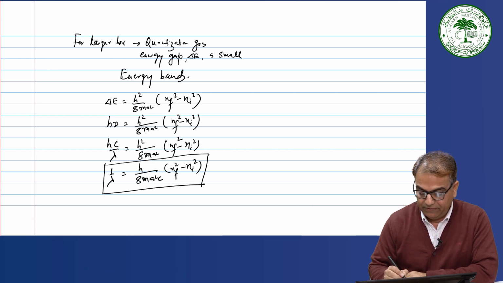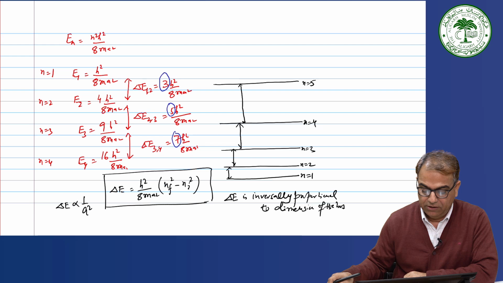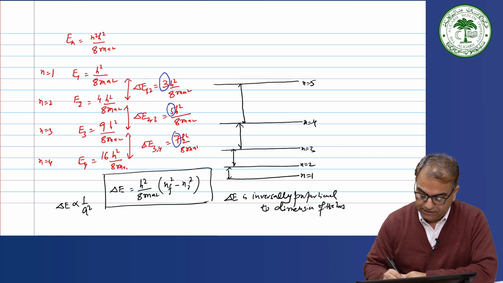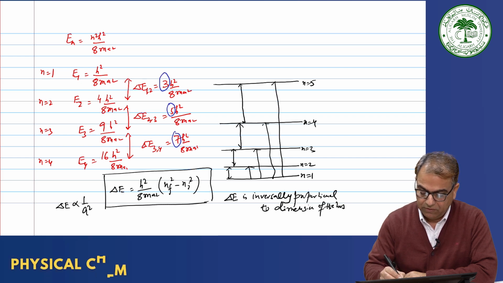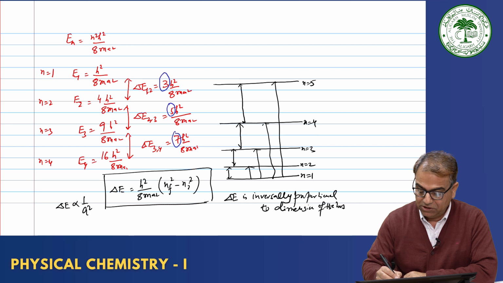So, the energy levels we have already drawn. So, is it possible for the system to migrate from this to this, from this to this, from this to this, and from this to this, or is it possible to come back from this to this, from this to this, or from this to this?